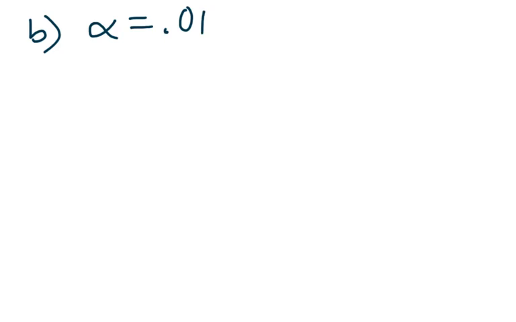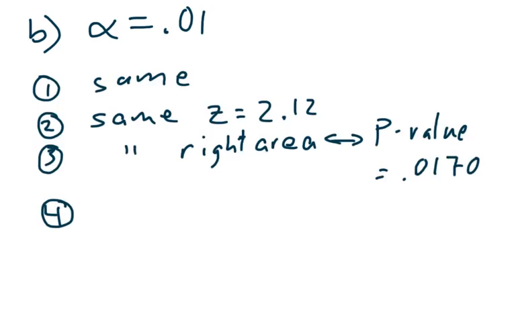So, just to go through briefly, step 1, exactly the same. H subscript 0 reads p equals 0.25, and the alternative hypothesis H1 is p is greater than 0.25.